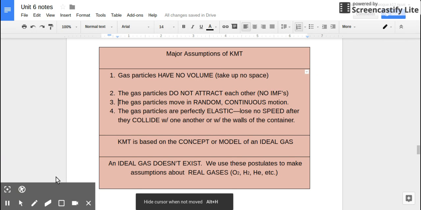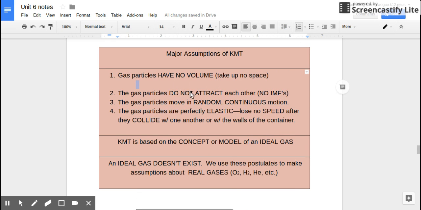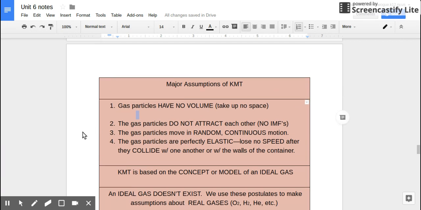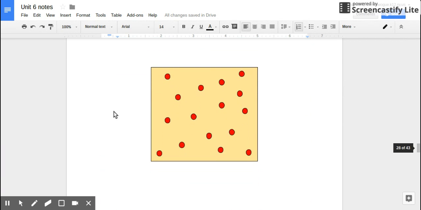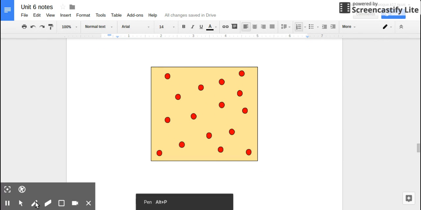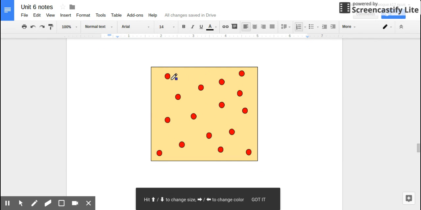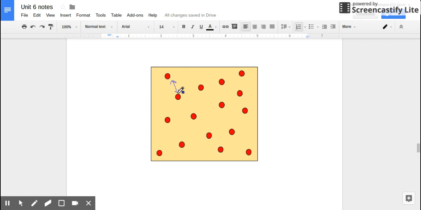So let's go back and talk about the fact that the gas particles are not attracting one another. They have no intermolecular forces of attraction. So if I were to go back to this diagram, I would say that if this gas particle and this gas particle got close enough to each other, they would not attract each other at all. There'd be no attractive forces between number 1 and number 2.